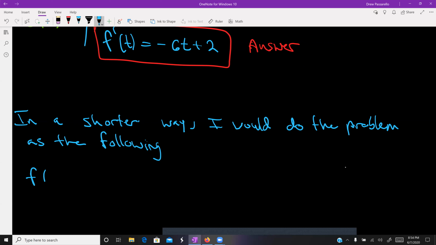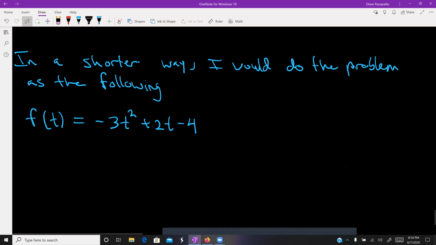All right, so the original problem was f of t equal to -3t squared plus 2t minus 4. So after this section, in later sections, I'm going to do it like this. So f prime of t.